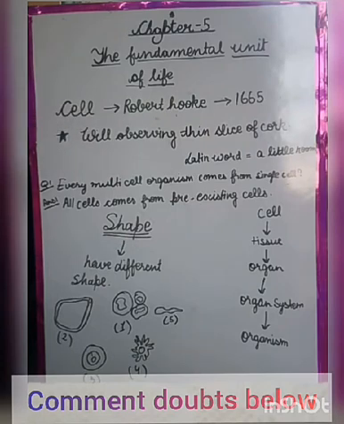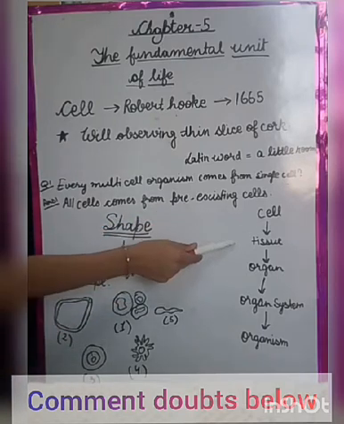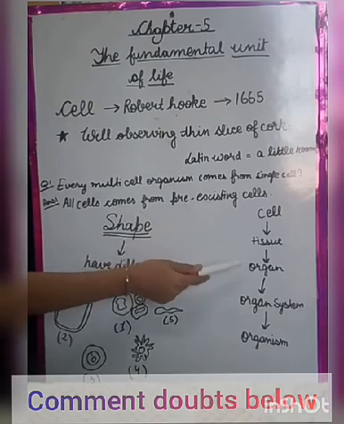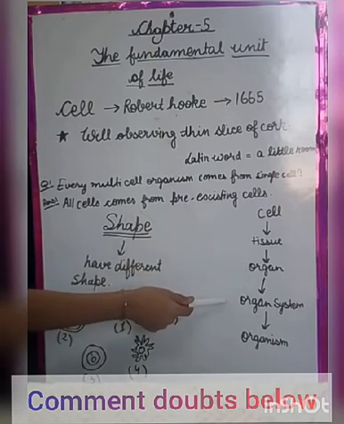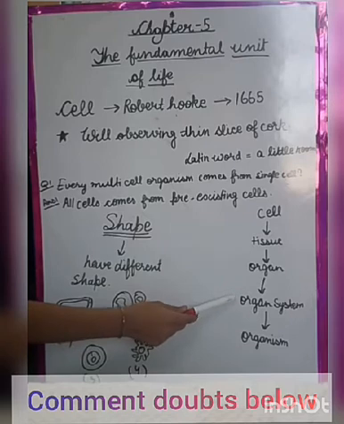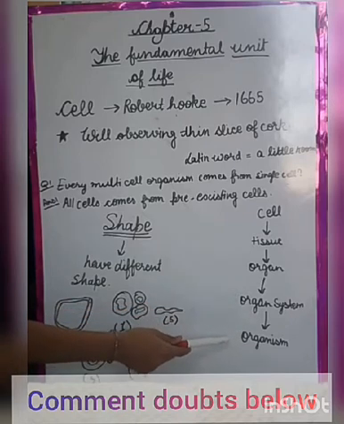Now, what is a cell, we have understood. Now, who invented it? Not invented, because it was not invented by a person. It is natural. As everyone knows, cells form tissue, many tissues form an organ, many organs form an organ system, and then organ systems form an organism.